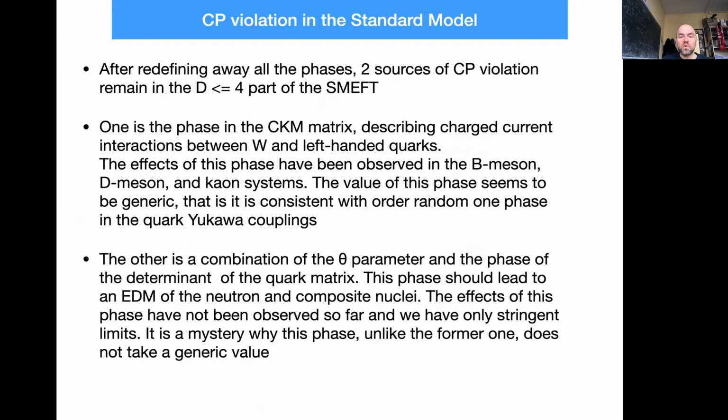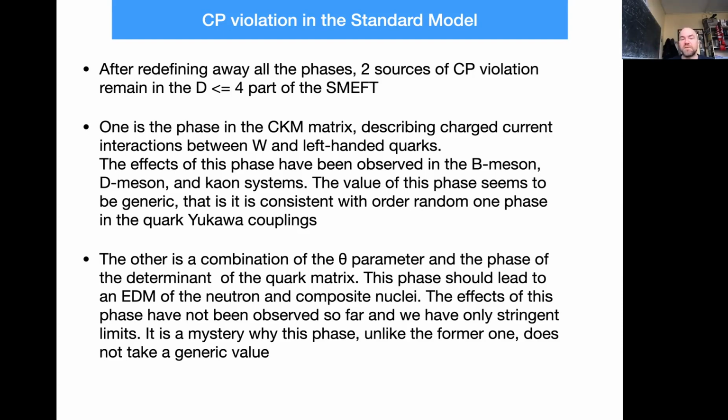Okay, so going back here, we have this phase in the CKM matrix, which showed itself in many experiments. It showed itself in the kaon, D-meson, and B-meson systems, so this has been observed. The interesting thing is that the value of this phase seems to be completely generic.